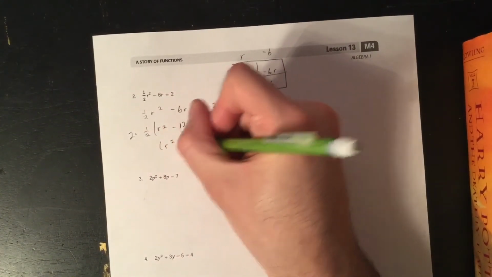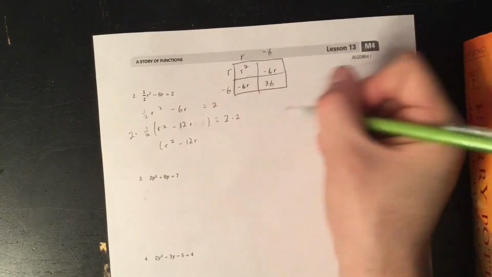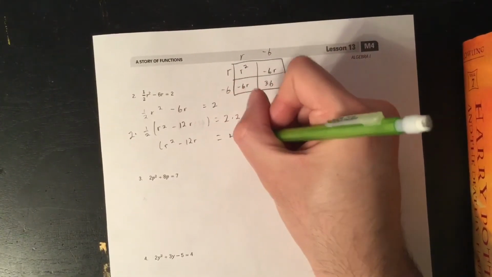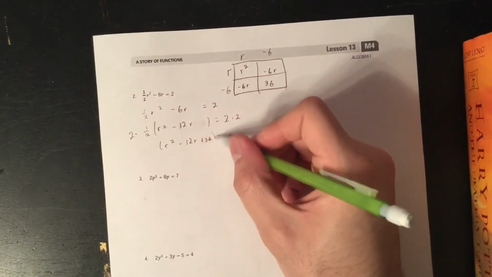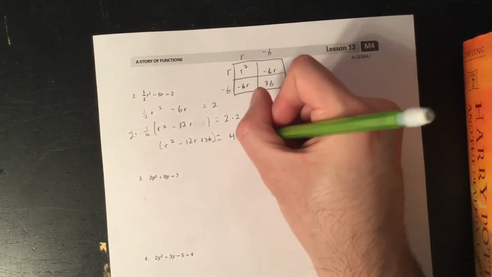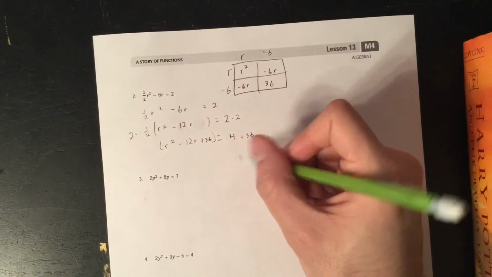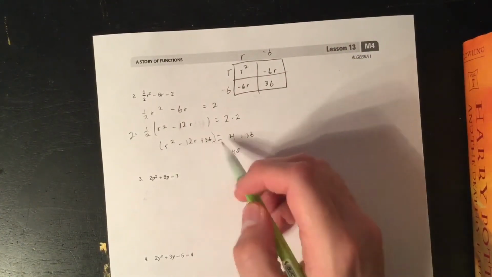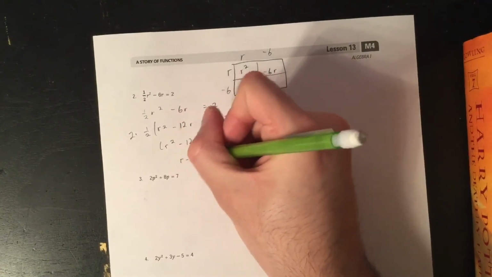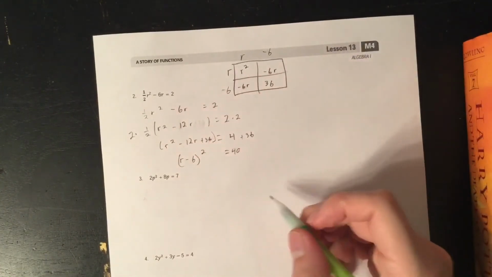So r squared minus 12r equals 4. So then the next thing, like I said, you can add 36. If you add 36 to this side, you need to do it to the other. So we're going to get 40 equals, and with r squared, this factored out is going to be r minus 6 squared.